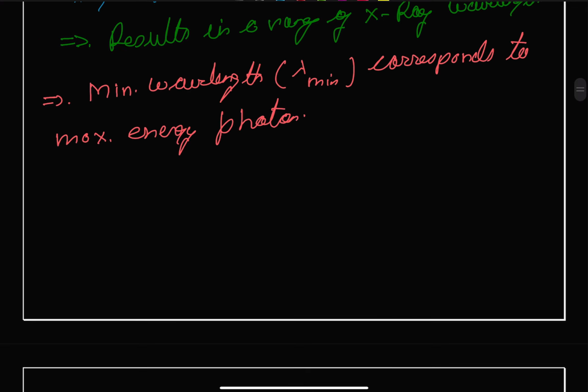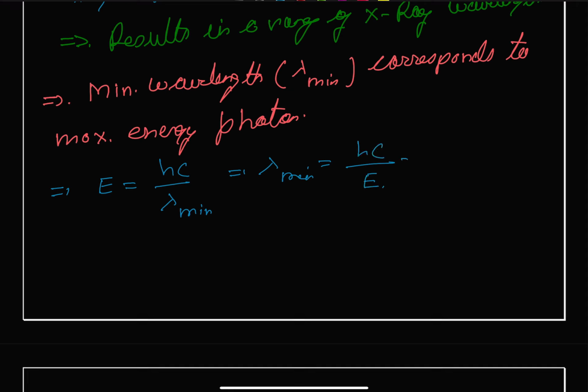We already know the relationship between energy and wavelength, so we can write energy is equal to hc upon lambda minimum. This gives us that lambda minimum will be equal to hc upon E.